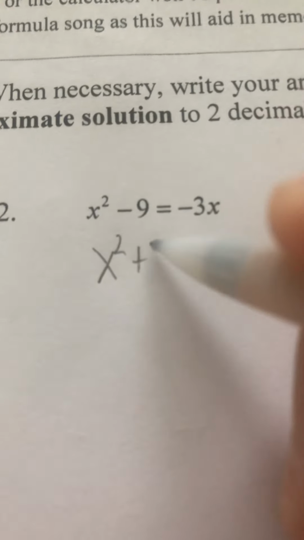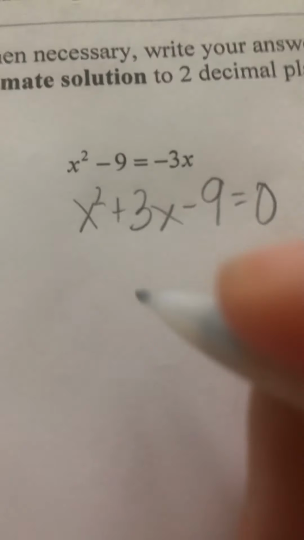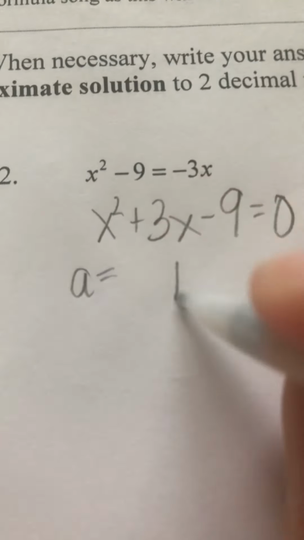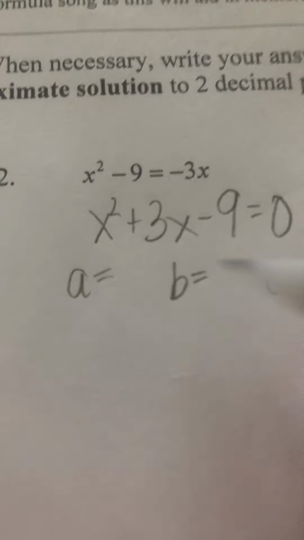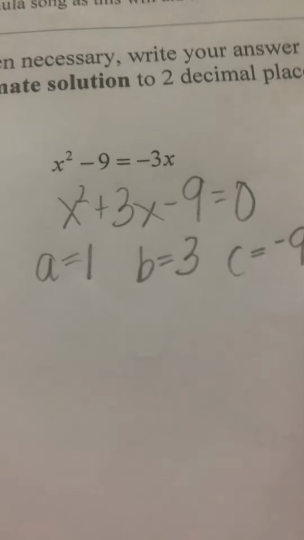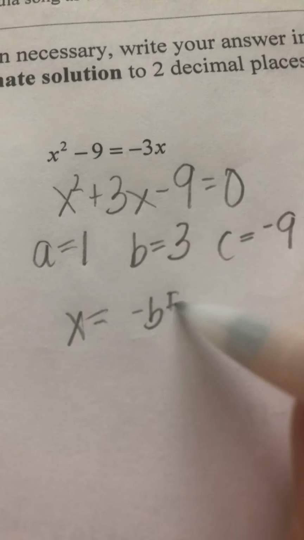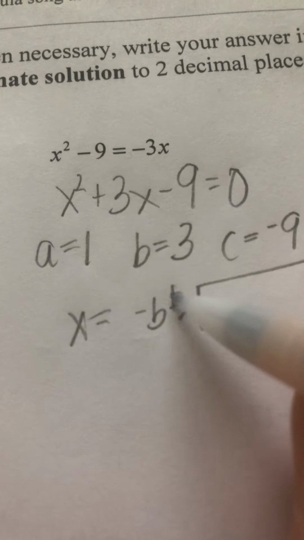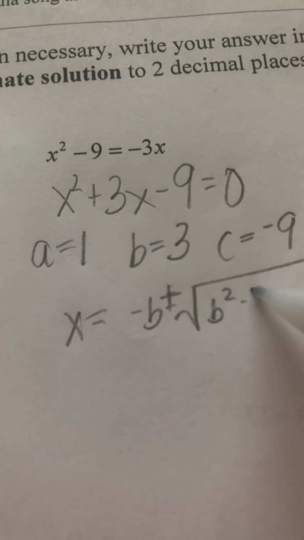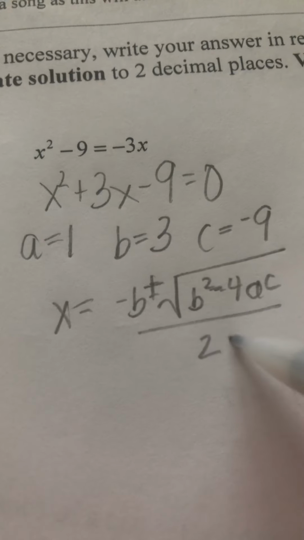So one side equal to 0 first. Quadratic formula, or decide what A, B, and C are. A is 1, B is 3, C is negative 9. Okay, so x equals the opposite of b plus or minus the square root of b squared minus 4ac all over 2a.